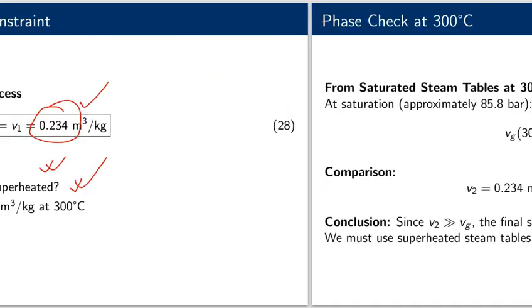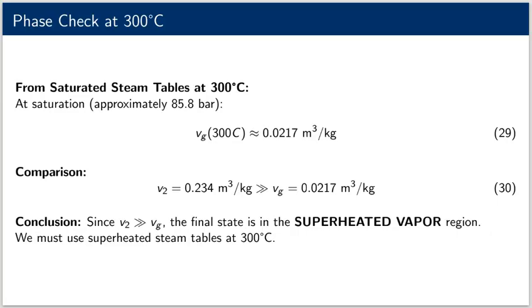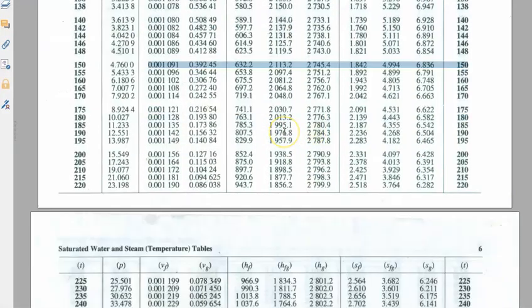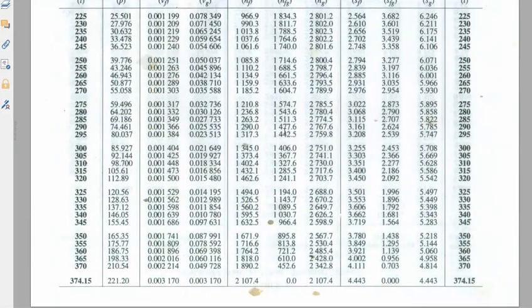For that, from the saturated steam table, what will be the volume Vg at 300 degrees centigrade? So again we have to go to that steam table. At 300 degrees centigrade, pressure is 85.927 bar, volume of fluid is 0.001 and volume of gas is 0.21649.